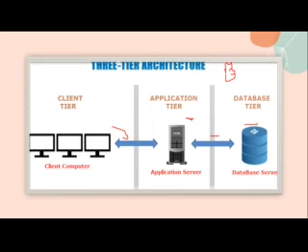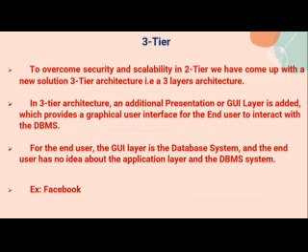Some of the simple advantages are faster communication, security, and scalability. Security means multiple users can use the data, but a particular user can access only their own data, for example in banking. You give the username, password, and OTP, and the data will be safe.